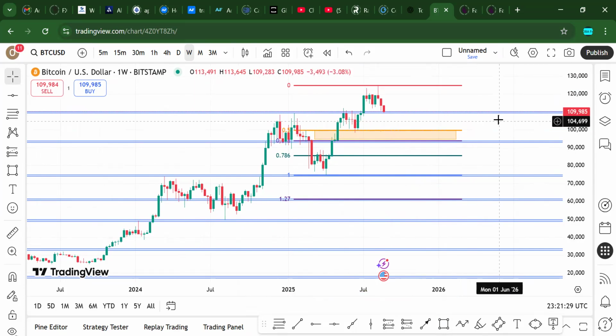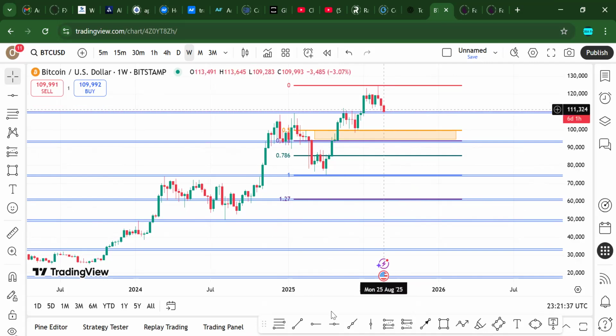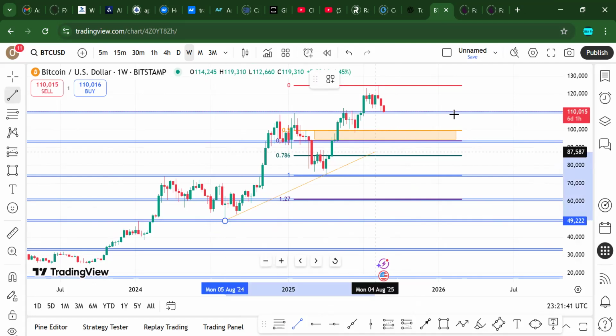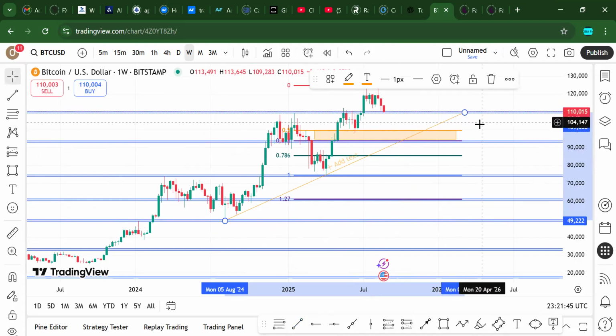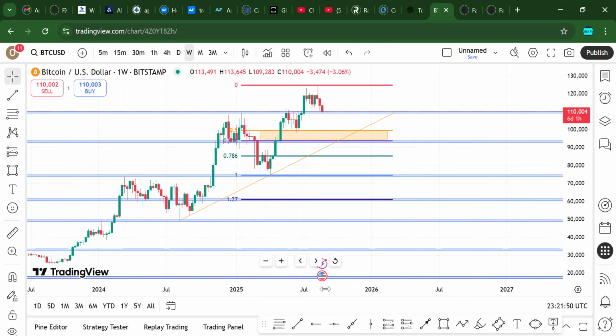Having added my key zones, which are my support and resistance zones before, and now I've just included my Fibonacci retracement tool, I can now add my trend line. So without complicating things, this is my simple setup for a general outlook on what Bitcoin would likely do. Of course, we know that the market is all about probabilities.